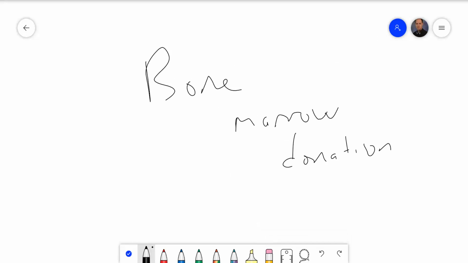Of the people who match for bone marrow donation, a great deal of them back out after they match, mostly because of fear of the procedure. For some reason, people have this idea that they're going to drill a giant hole in you and suck bone marrow out. This is not the case.